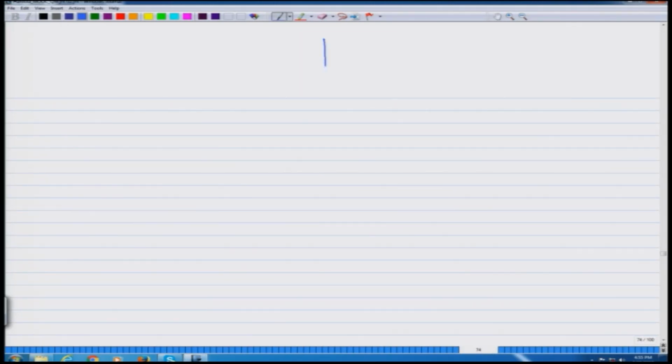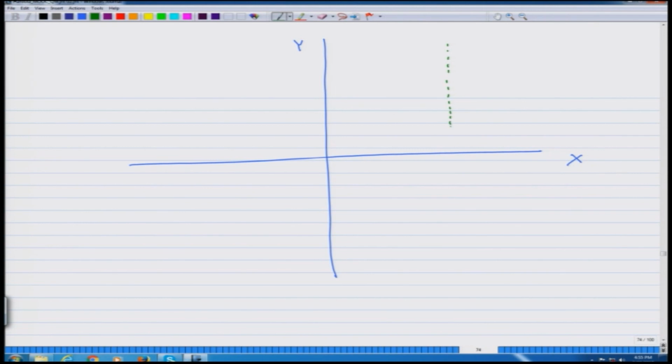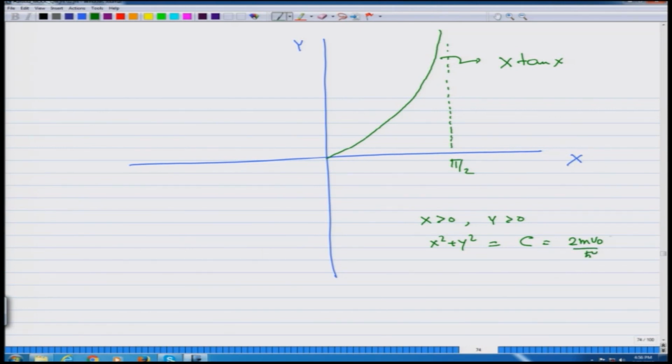So, graphically, if I were to plot x versus y, let this be pi by 2, then I have this graph as x tangent of x, and I have x greater than 0, y greater than 0, x square plus y square equals some constant, which is 2 m V0 over h cross square, L by 2 square.